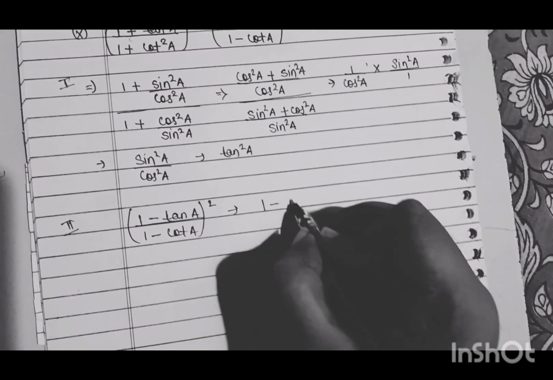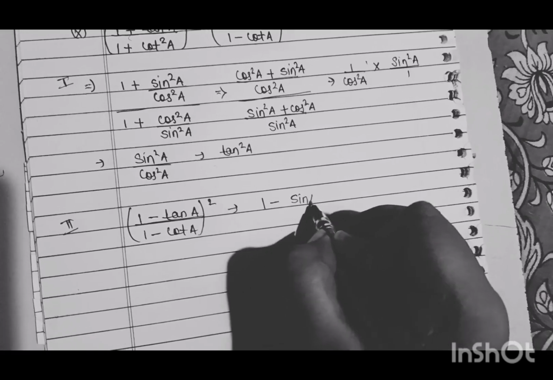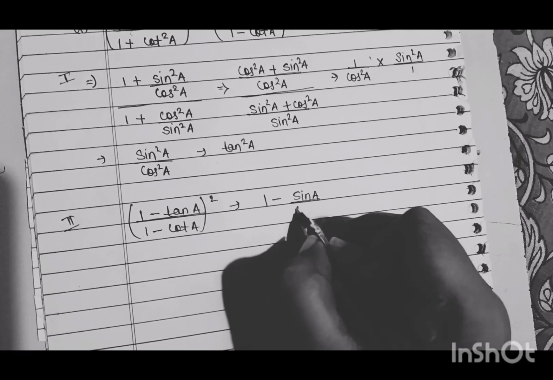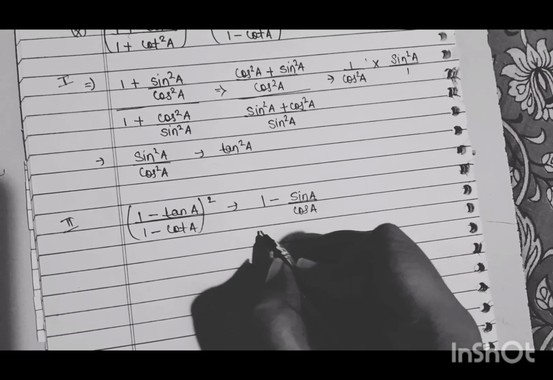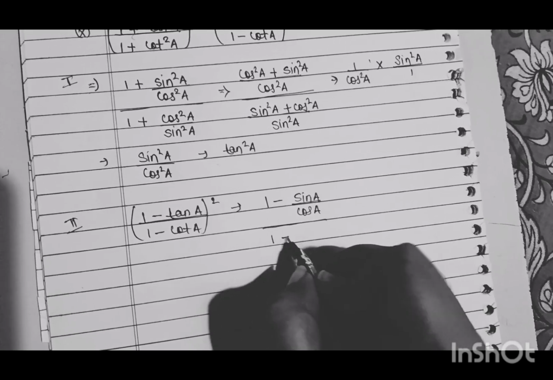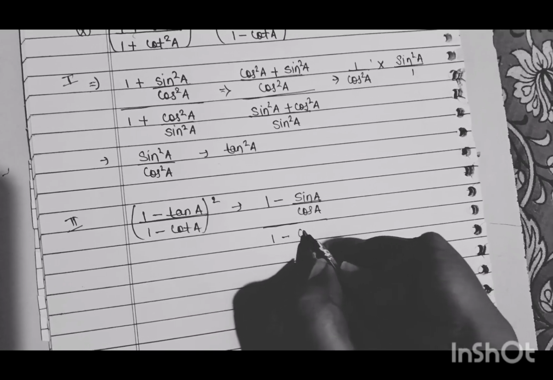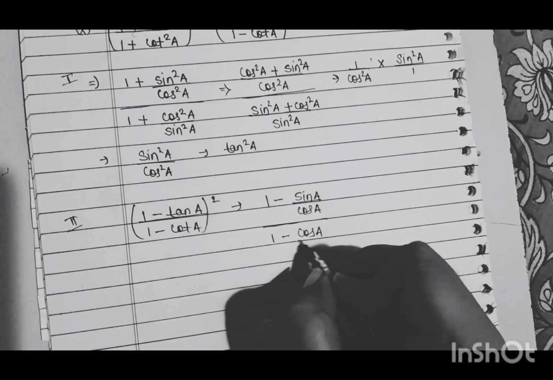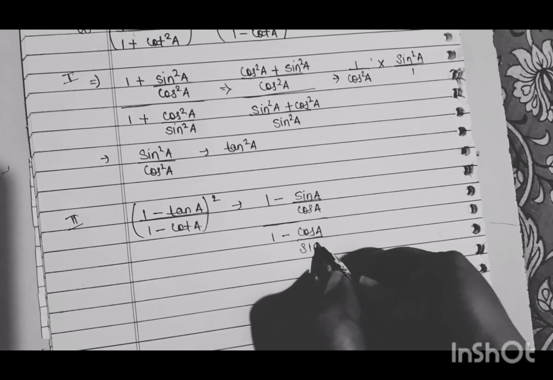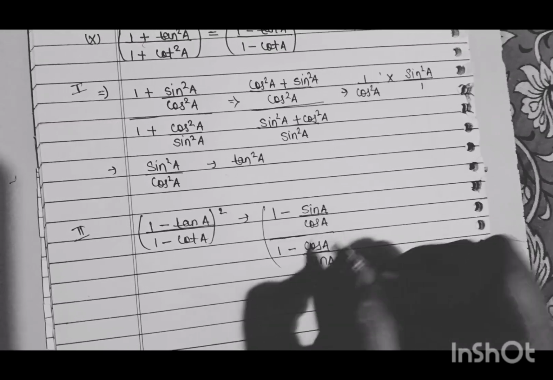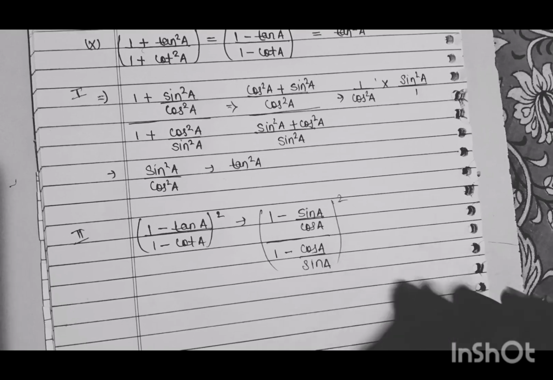Now we can write tan A as sin A by cos A, and we can write cot A as cos A by sin A, whole square.